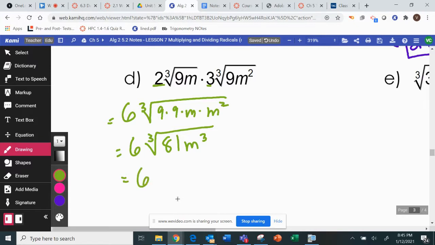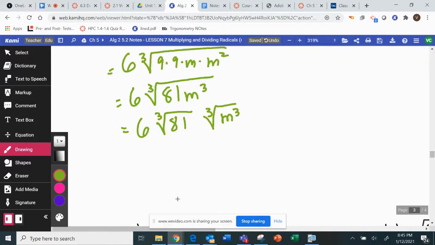All right, I'm going to separate this cube root of 81 and the cube root of m to the third. The cube root of m to the third is m, but cube root of 81 is not a perfect cube. So 27 divides evenly into 81 3 times.